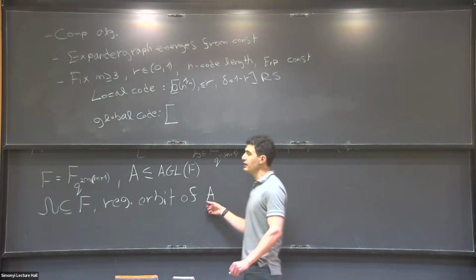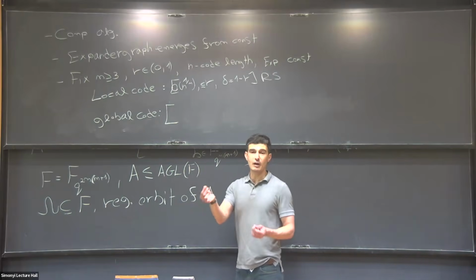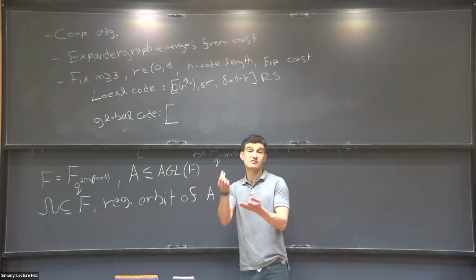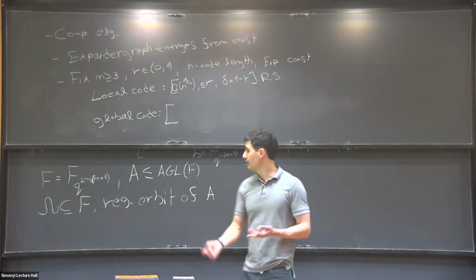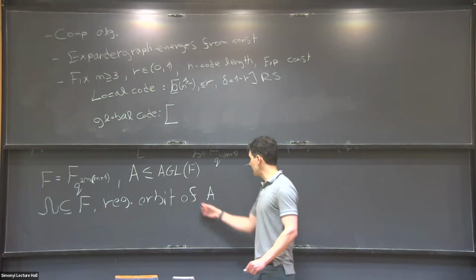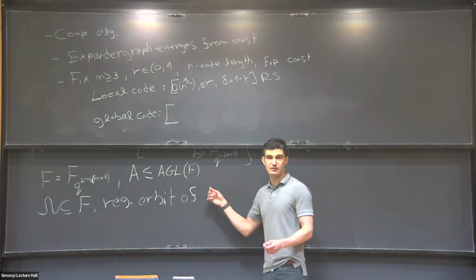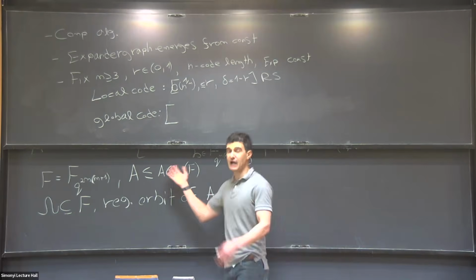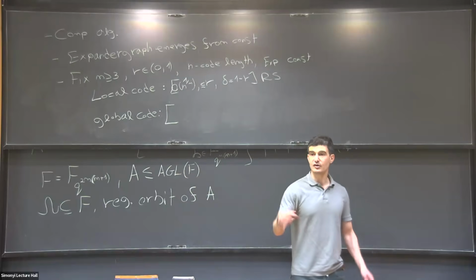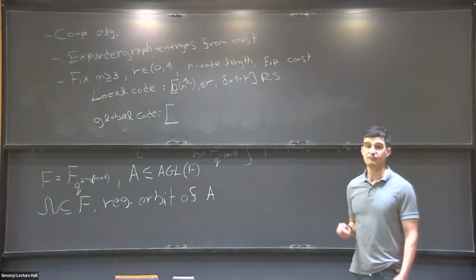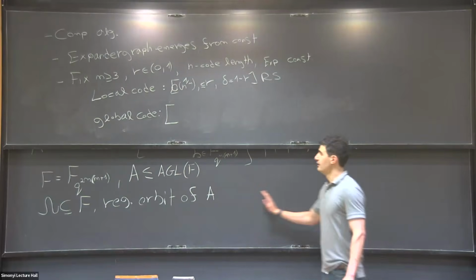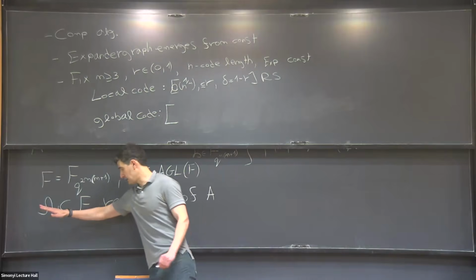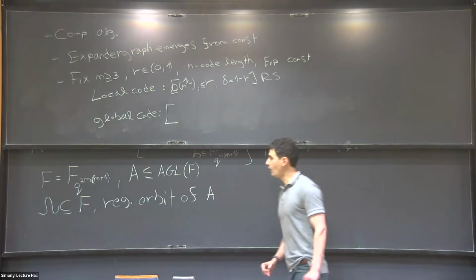Each affine transformation stabilizes exactly one point. It's a linear polynomial. So it stabilizes exactly one point, and therefore the number of points stabilized by any non-trivial element here is at most the size of the group A. But if the field is larger than the group A, then you can find one that is not stabilized. It's a very simple argument that guarantees that there exists such an orbit.